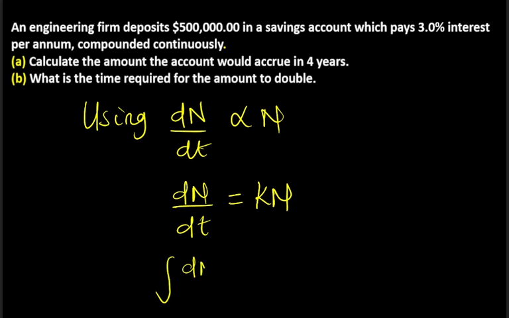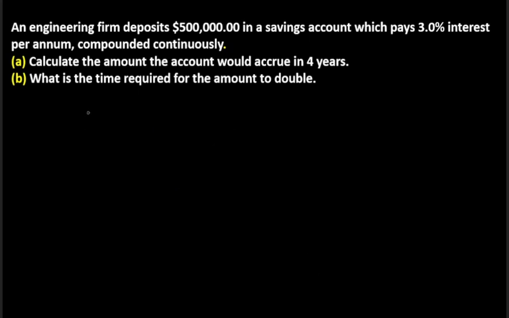Integral of dN over N is equal to integral of K dt. But recall, integral of dN over N is the same thing as ln N. So that is going to yield ln N equal to Kt plus C. From here, to take away the ln, we are going to find the exponent of both sides.